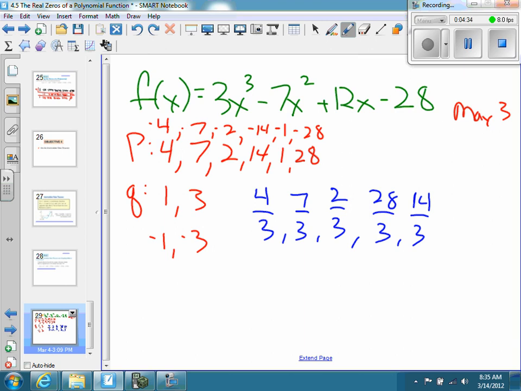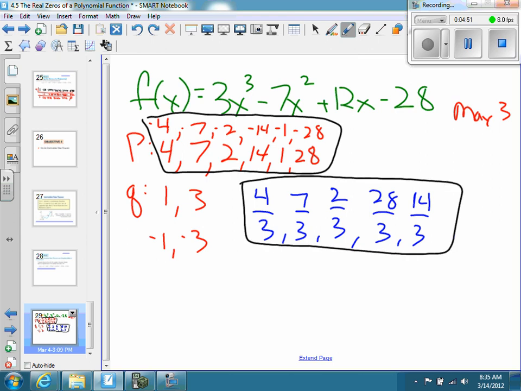So I'm listing out my rational real zero, which is going to come from this set and that set. It can't be any number other than those if it's a rational zero.